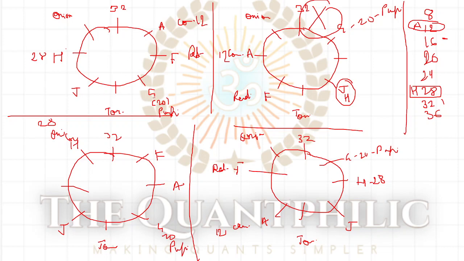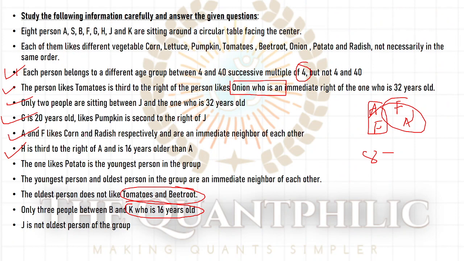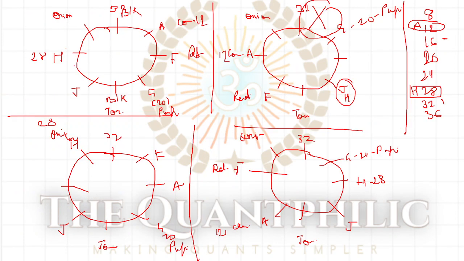ओके, तो इससे हमारा बहुत बड़ा काम हुआ कि B and K will be directly opposite. देखो कहाँ कहाँ आ सकते हैं, यहाँ पे B के आ सकते हैं, ठीक है। B यहाँ ले लो, फिर K यहाँ, ओनली पॉसिबल B K के लिए यही होगा। यहाँ पे हम वो ले लेते हैं, ठीक है, B K बिकॉज और कहीं पॉसिबल ही नहीं, ऑलरेडी यहाँ सीटेड है A, ठीक है। अब हमारे पास बचा कौन सा, कौन कौन है हमारे पास पर्सन, A S B F G H J K, S बच रहा है क्या, S यहाँ पे आ जाएगा। ओके, इन दिस केस S will be seated over here.